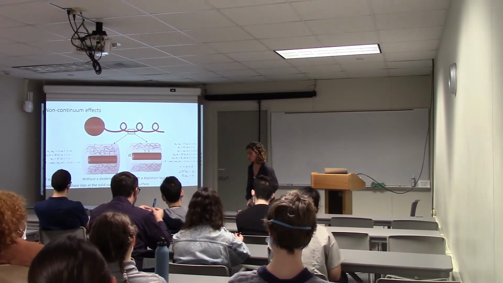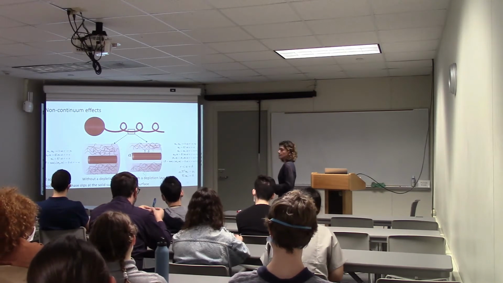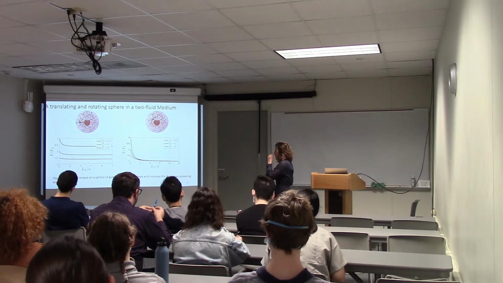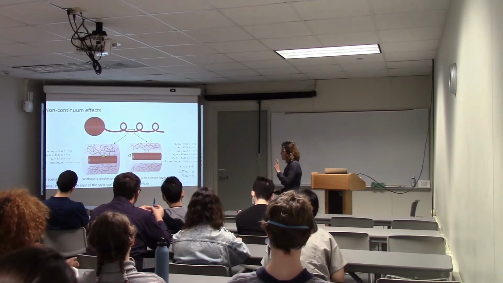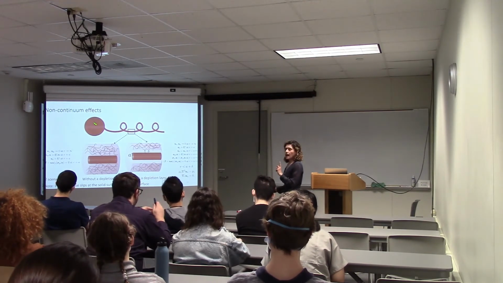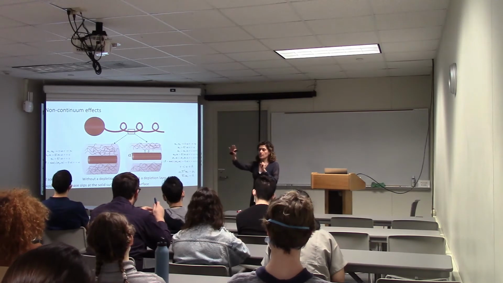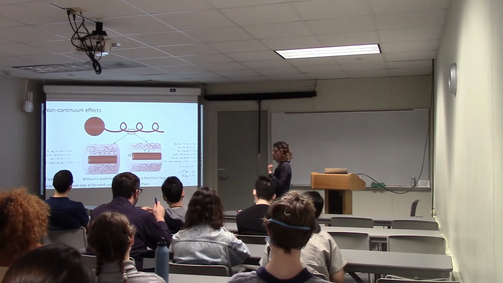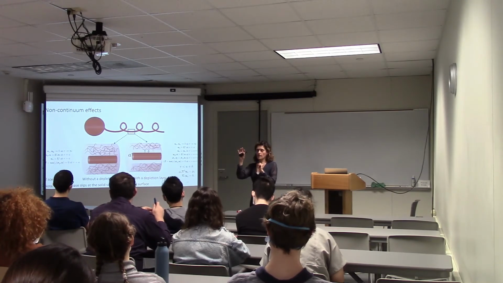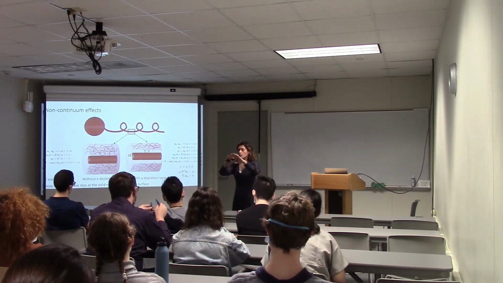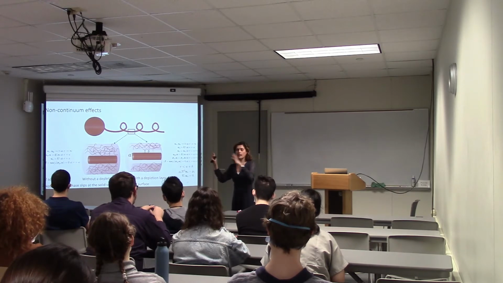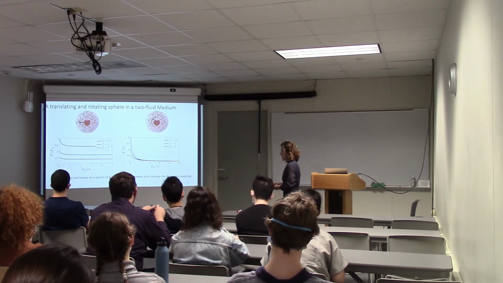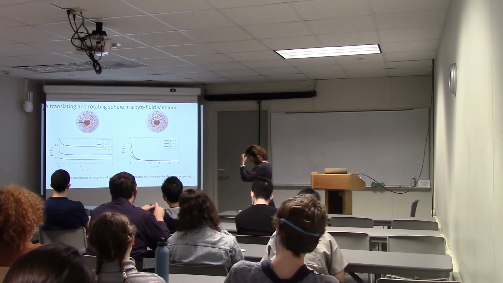You have to spend more energy, okay? So that's the condition that I'm going to formulate and apply. Also, if I understand how a sphere moves in such a non-continuum two-fluid model, and how a cylinder moves in such a medium, I can glue the pieces together and understand how the whole microorganism can move in such an environment.